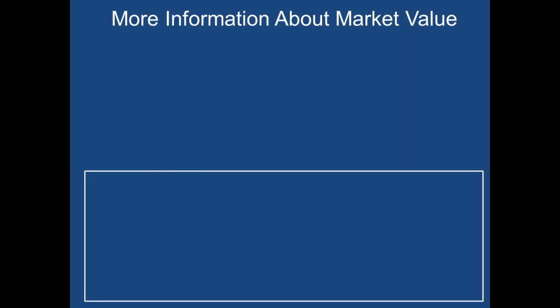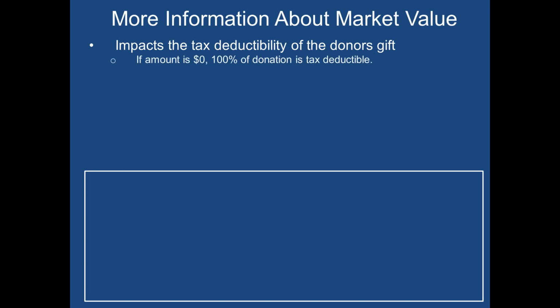So let's just talk a little bit more about market value because this seems to be an issue that's been causing a bit of confusion on the new system. So a market value of a benefit can impact the tax deductibility of the donor's gift.